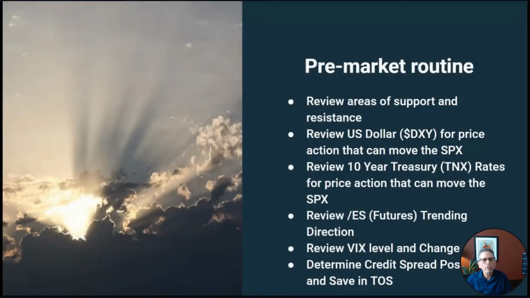So pre-market routine: review the areas of support and resistance. And I use fibs to do that, and I'll show you some of that when we get closer here in the session. The U.S. dollar is very, very important because as the dollar moves higher, the products that the U.S. sells to other countries become more expensive, and so that puts a crimp on U.S. companies when the dollar moves higher. 10-year Treasury, you probably have heard of this a lot already.